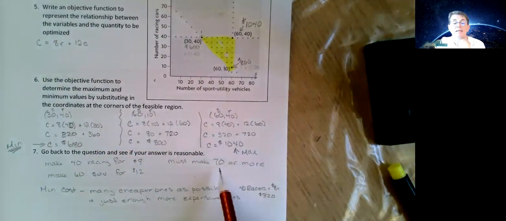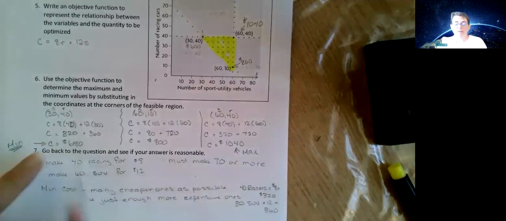That's $320 for that. Yeah, it says we have to make at least 70 per day. So if we've made 40, that means we have to make 30 more of these expensive ones. So 30 SUVs at 12, and 3 times 12 is like 360, which gives you the same thing that we got right there.